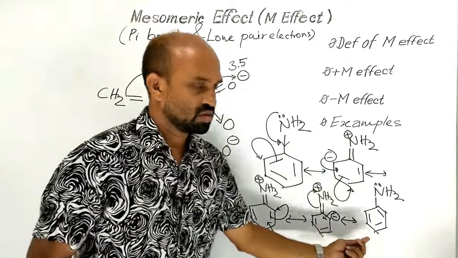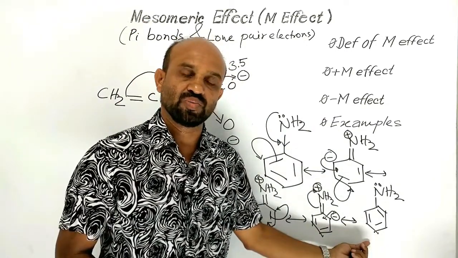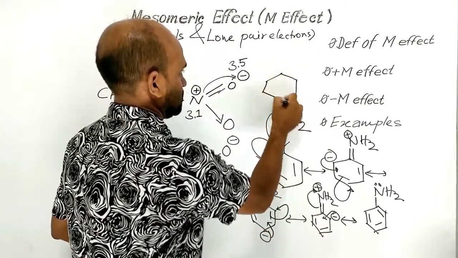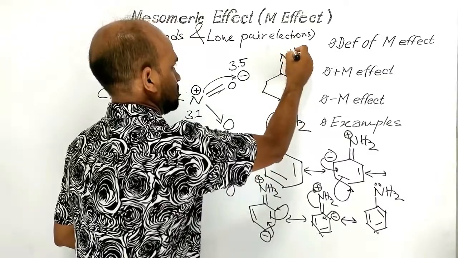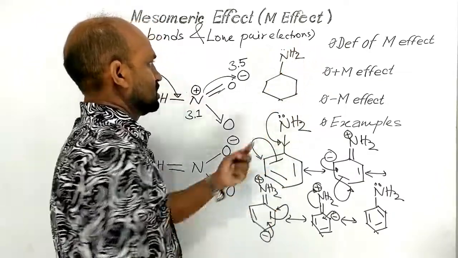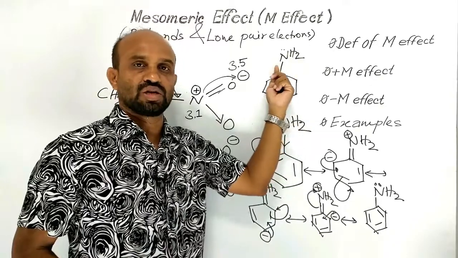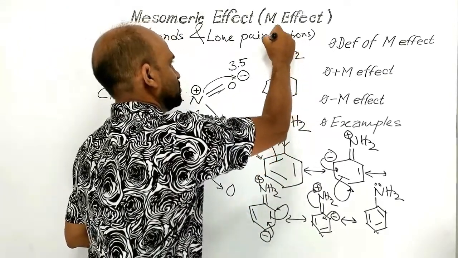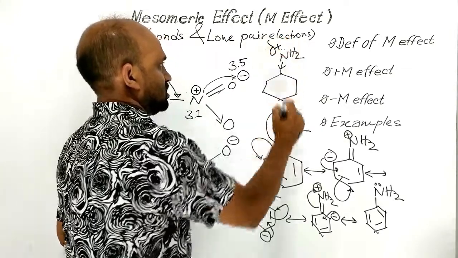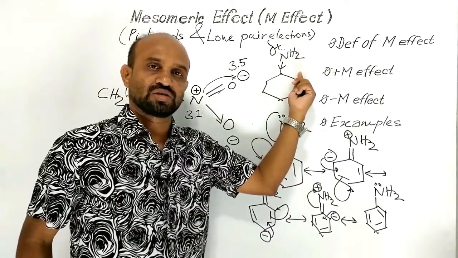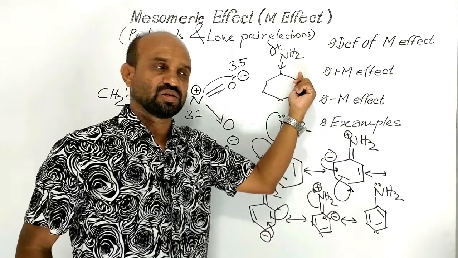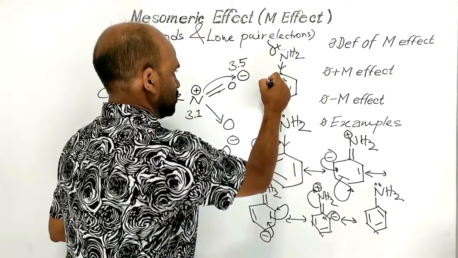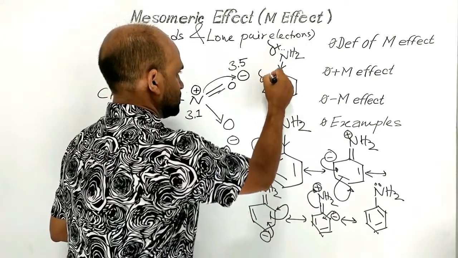That is, because of the amino group with phenyl group, amino group donates electron pair to phenyl group. That is why it can be shown in this way. Amino group gets partially positively charged, and this position gets partially negatively charged.